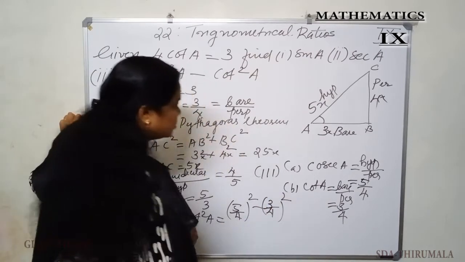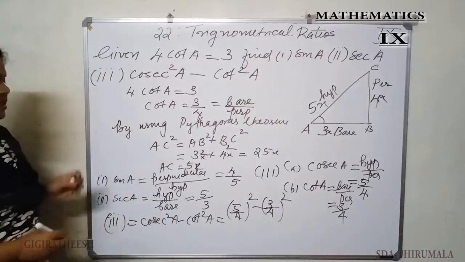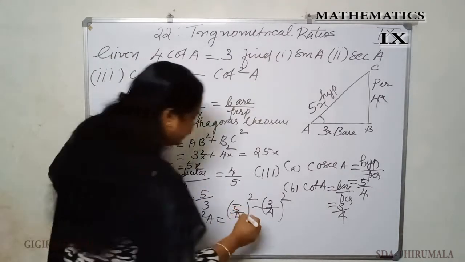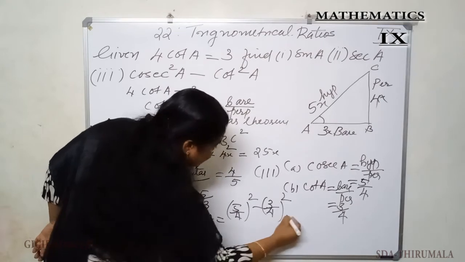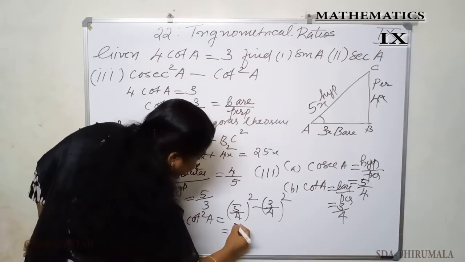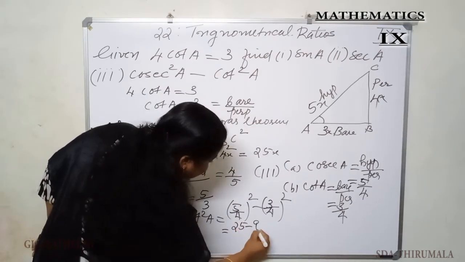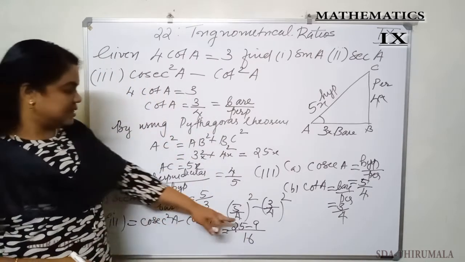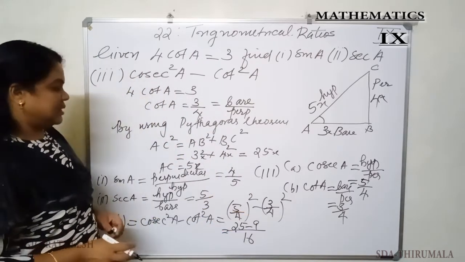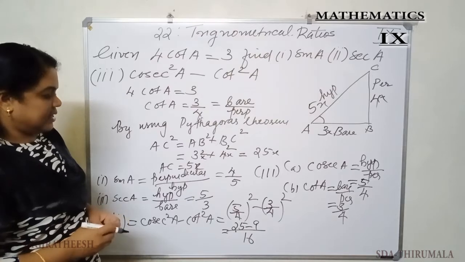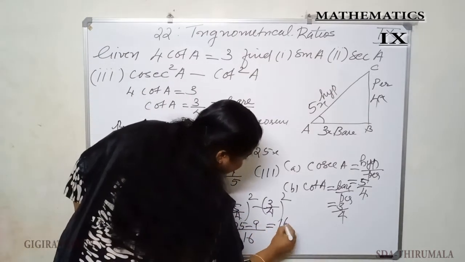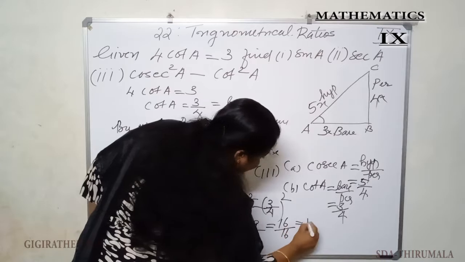3 by 4 the whole square. Squaring this, we get 25 by 16, since 4 is the base, and 5 square is 25. 25 minus 9 by 16, taking the LCM. 25 minus 9 is equal to 16, and 16 by 16 is equal to 1.